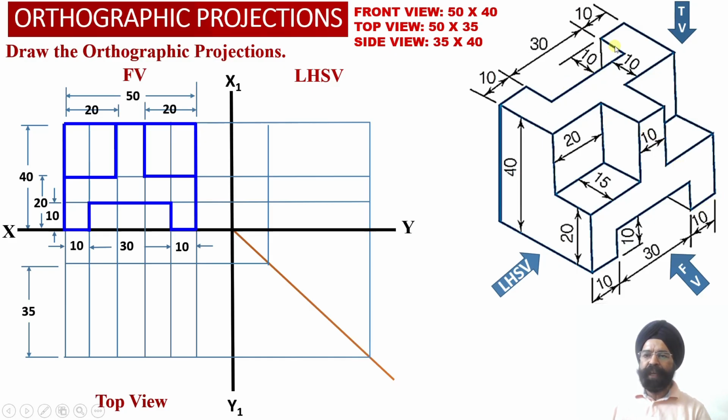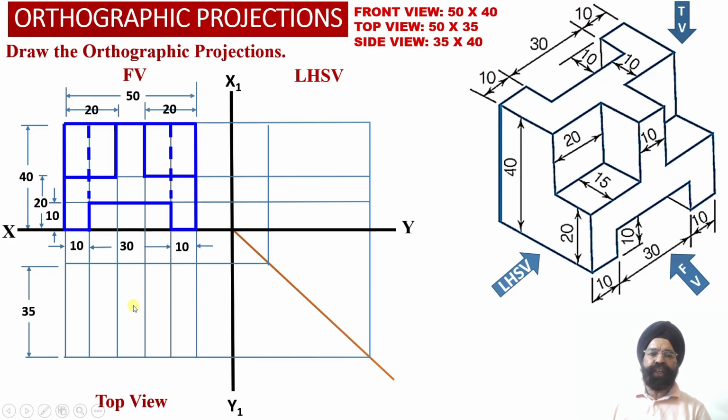So the observer will be able to view the edge views of both of these surfaces into the front view projections at a distance of 10 millimeter from the right hand side wall of the solid and 10 millimeter from the left hand side wall of the solid. So this way we have been able to obtain the orthographic front view projections of the solid.